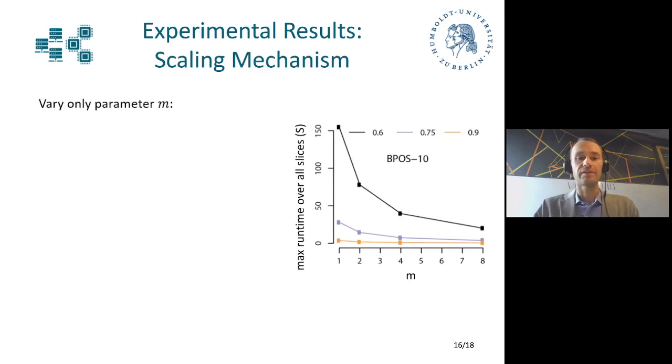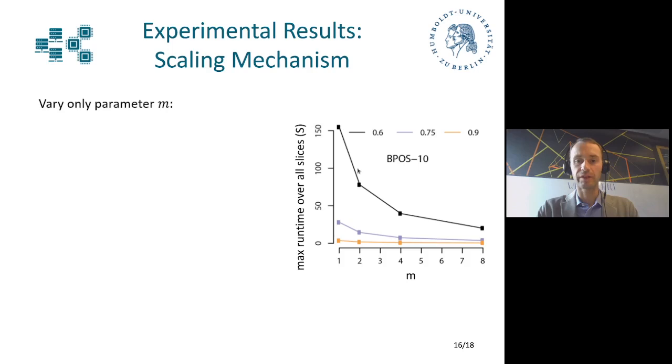Another result about the scaling mechanism, when we vary the parameter m. Again, we have a graph here for one example data set. This is the maximum runtime over all slices on the y-axis and the m parameter on the x-axis.